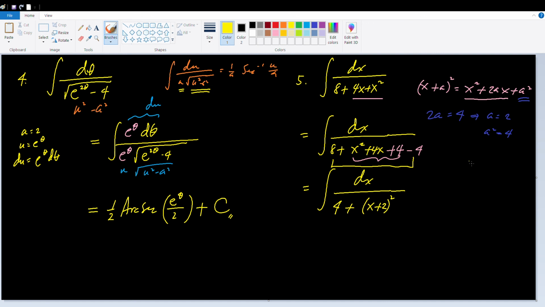X squared plus 2ax plus a squared is x plus a squared. We added 4, so x squared plus 4x plus 4 is equal to x plus 2 squared.